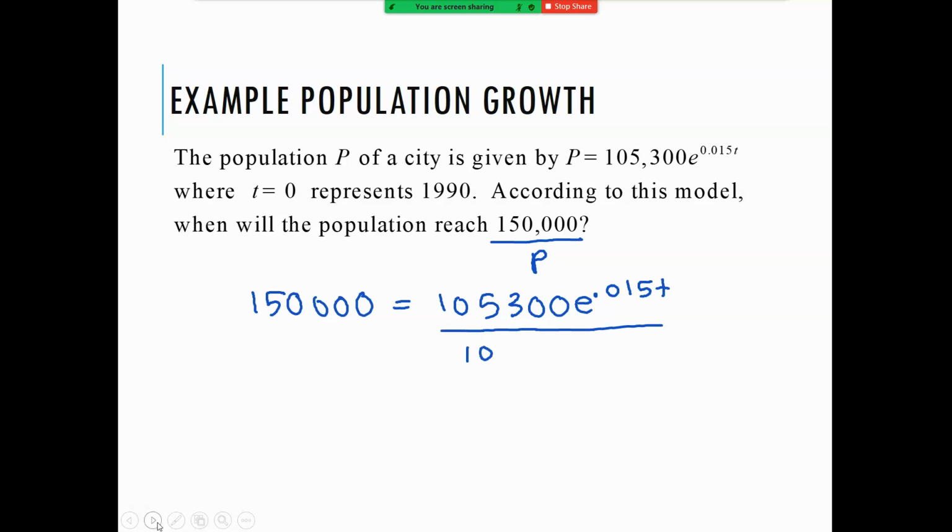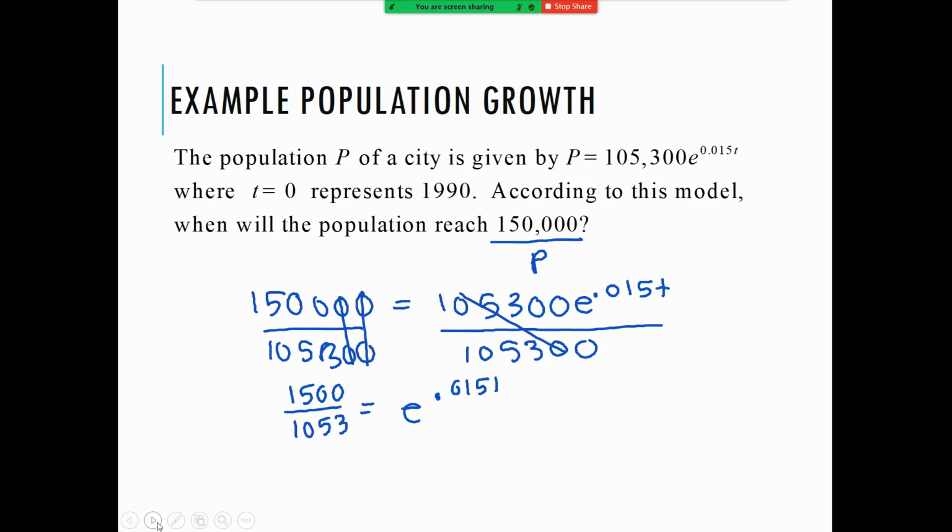So you take 105,300 and divide it. So you'd get 1500 over 1053. That would equal e to the 0.015 t.